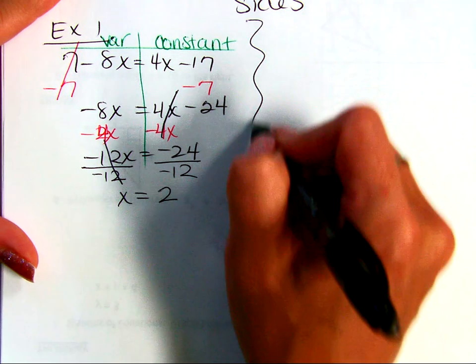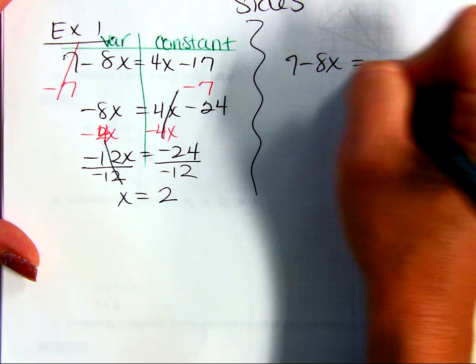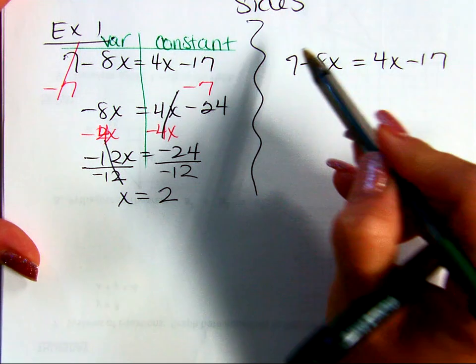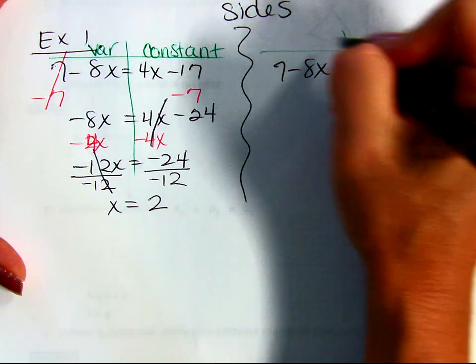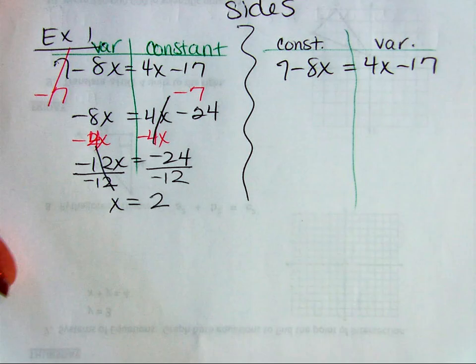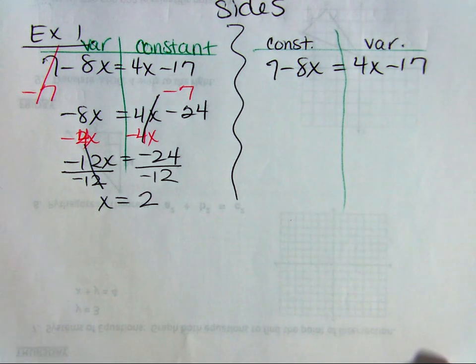All right, now let me just show you something. Let me take 7 minus 8x equals 4x minus 17, and let's do the same thing, except let's just say you're feeling a little nutty, and you want to take the constants over here and the variables over here. Shaking it up a little bit. Now what doesn't belong over here?